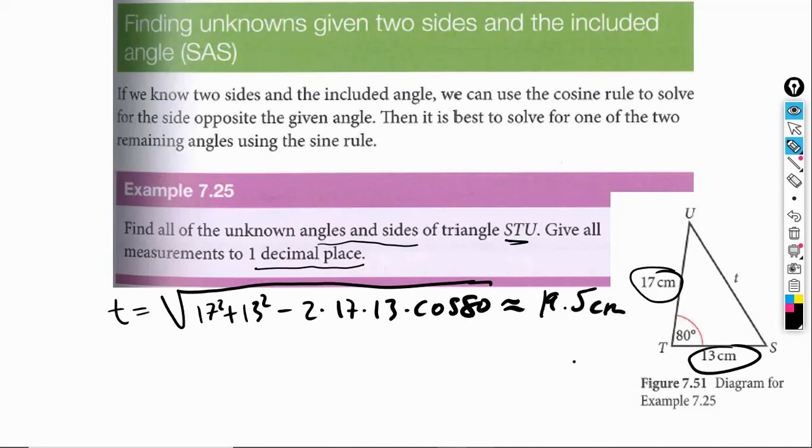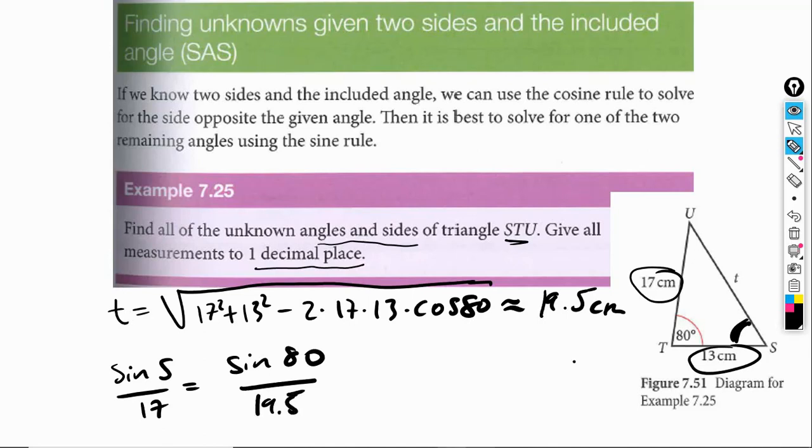So that would be T. We now need to look for one of these angles, either U or S, but let's use S. Let's find S. And we know that using the law of sines, sine of S over 17 is a proportion that has to equal, let's use sine of 80 over t, which is 19.5.